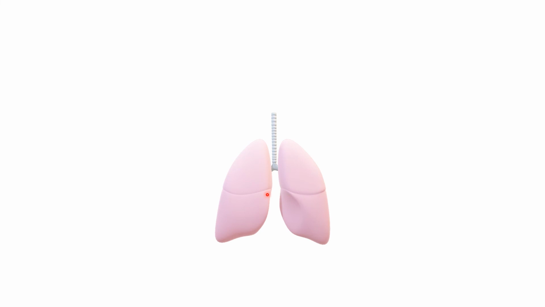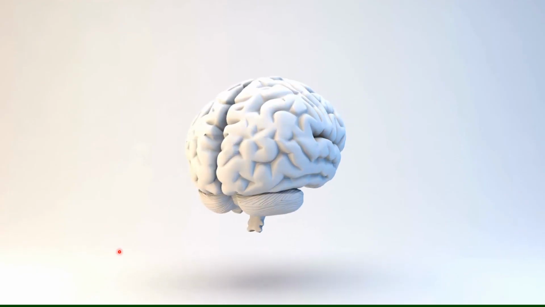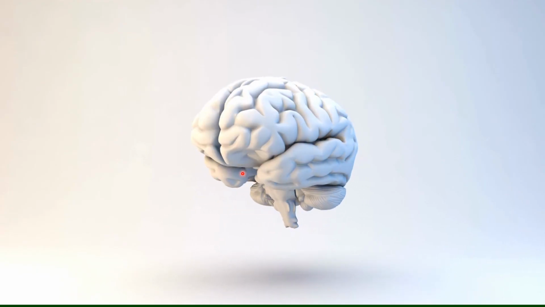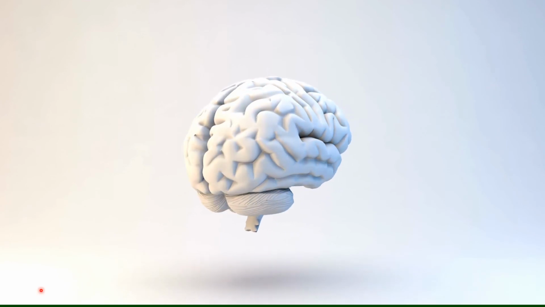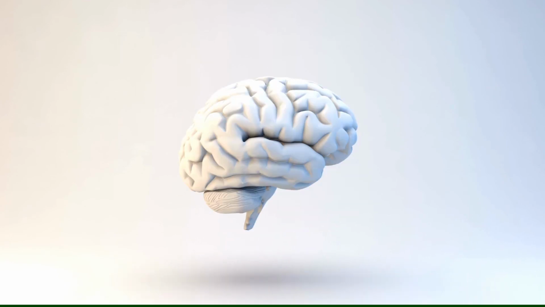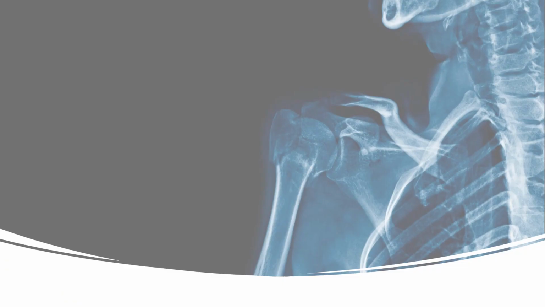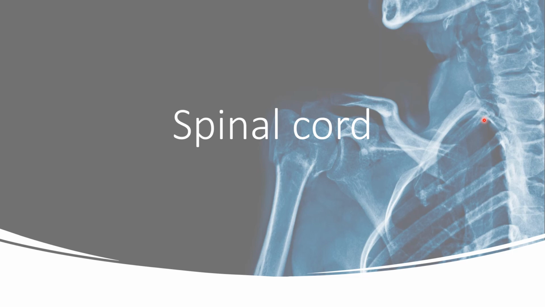Other organs will also be involved, like the lungs, because there is pulmonary schistosomiasis. We're also dealing with neuroschistosomiasis affecting the brain. We'll also have trouble with the spinal cord, like myelopathy, and we'll go into details when it comes to the signs and symptoms.